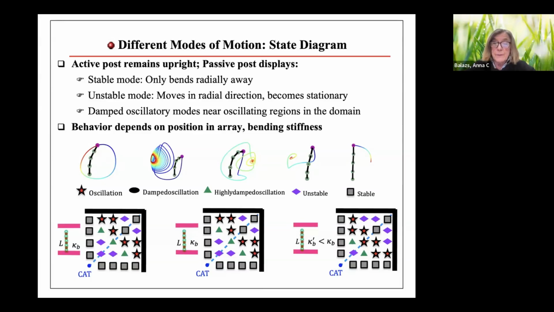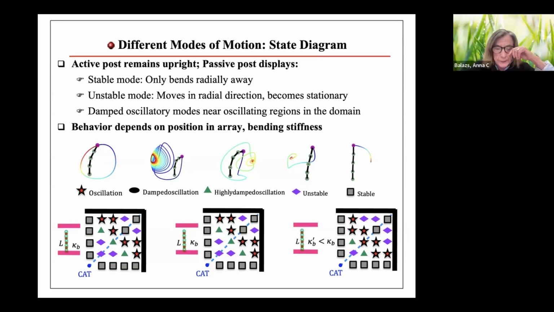So you can map out what kinds of motion you would get if you put the passive one at these different positions. These plots are just one passive one put at different positions, and you can see that you get oscillations like I showed you, or damped oscillations, or highly damped oscillations, and unstable behavior and stable behavior if you put them at different locations.